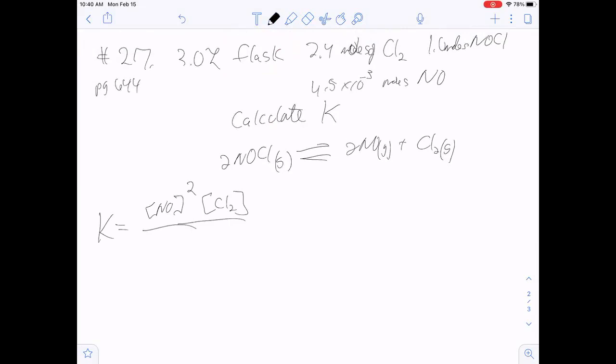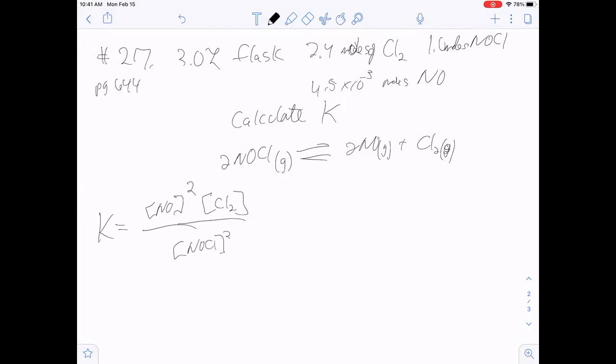Because if there are any liquids and solids, remember, we do not include them. But everything here is a gas. Let me make that a better G. So everything is included. And the NaCl is raised to its second power.